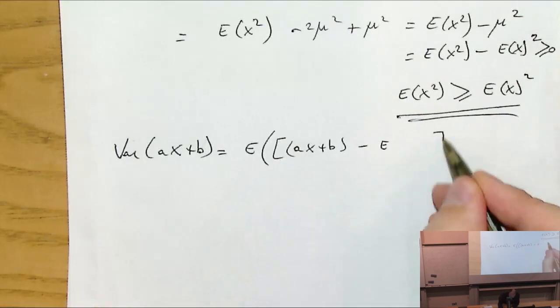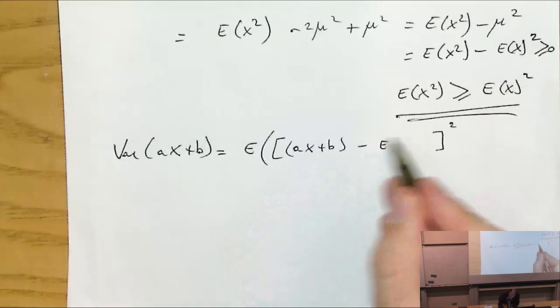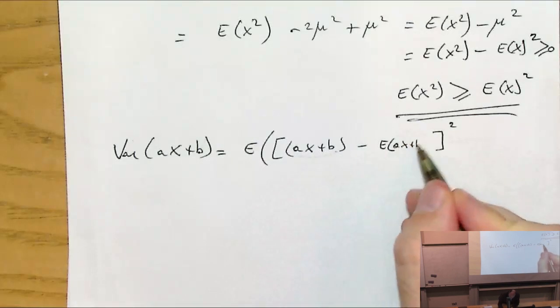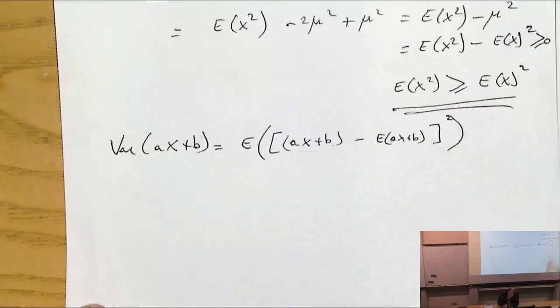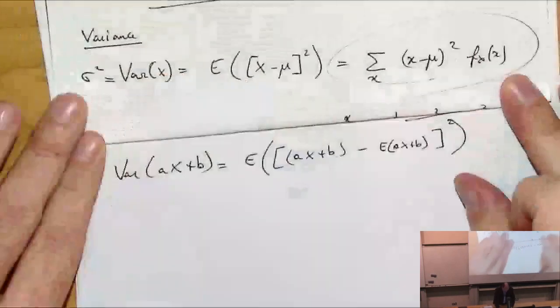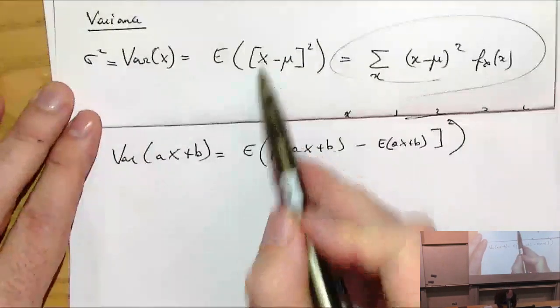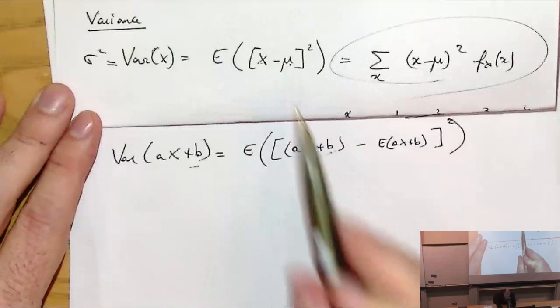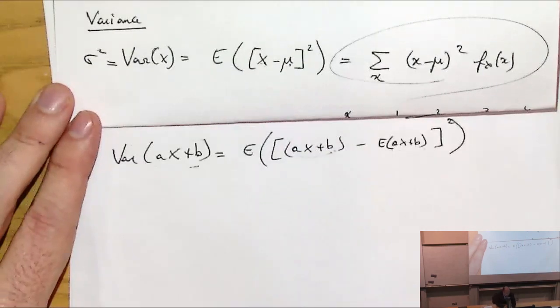So I have a square here, minus mu. What is mu? The mu is the expectation of that random variable, right? I replace x by ax plus b, and I replace mu by the expectation of ax plus b.